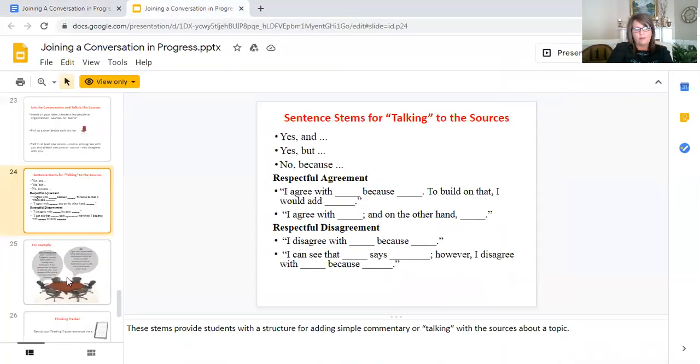So when I pull up beside Robert Blair, I might say, yes, let's say that my claim is that civilians should be able to use drones. So I would say, I agree with your stance that civilians can use drones to good effect or for beneficial purposes.